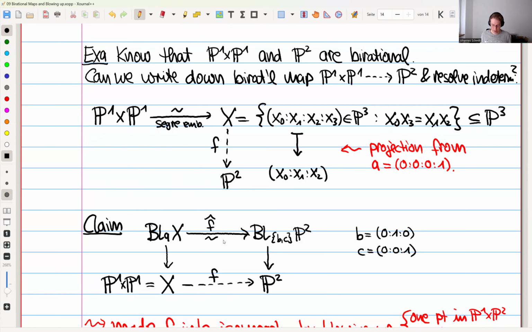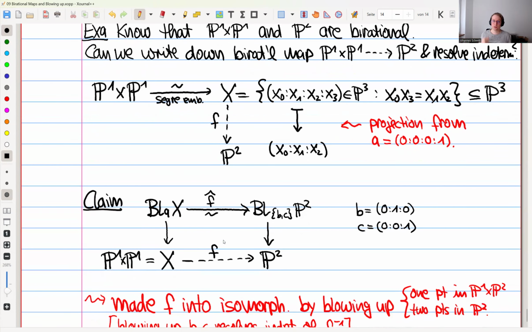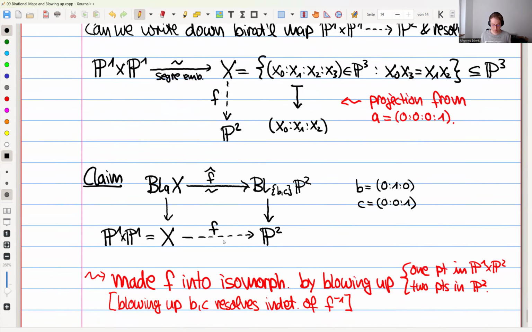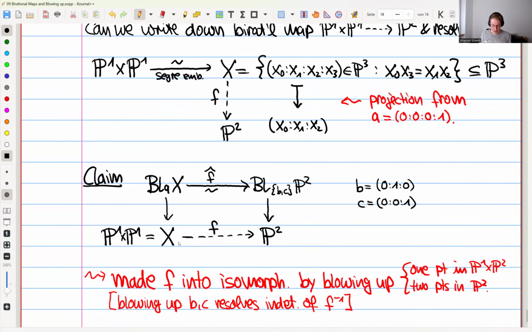And this shows then, once you do all these proofs and you check all these things, that you started with this birational map and you made it into an isomorphism by blowing up one point in P1 cross P1, and 2 points inside P2.